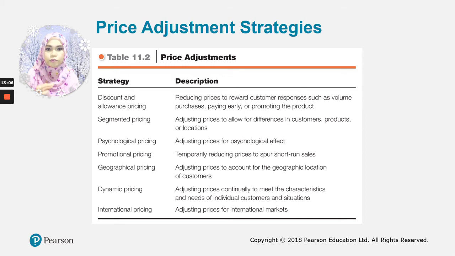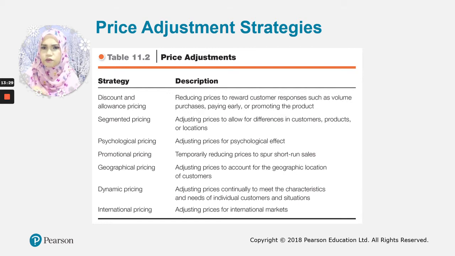Other than that, typically in Malaysia we have a lot of golden age kind of pricing. If you reach a certain age, let's say 60 years old and above, then you get a discount, or segmented pricing, they call it. You pay less than the other people. Or if you are a member of a certain club or a particular shop.